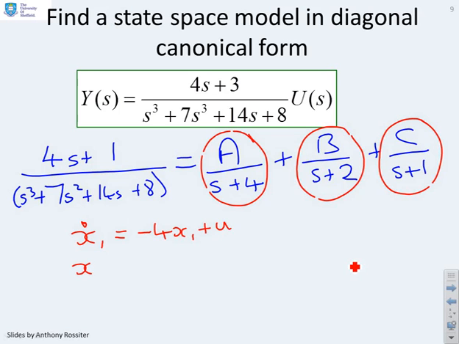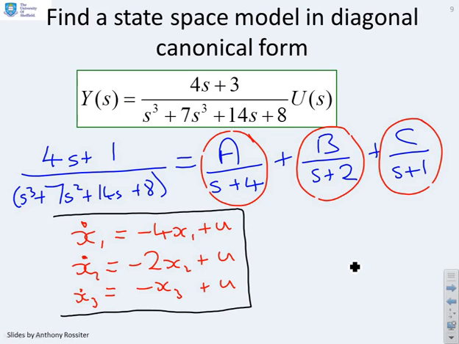I can write x2 dot equals minus 2x2 plus u, and x3 dot equals minus x3 plus u. And you'll notice that when I've done these equations here, for now I've ignored the numerator on these terms. I've ignored the a, b and c, and I've just taken them to be 1.